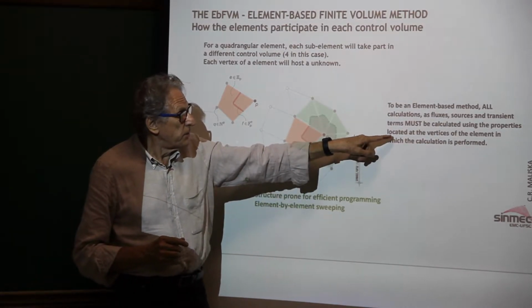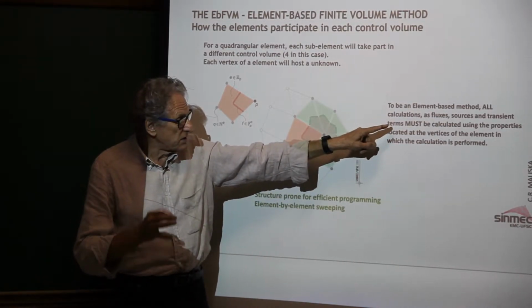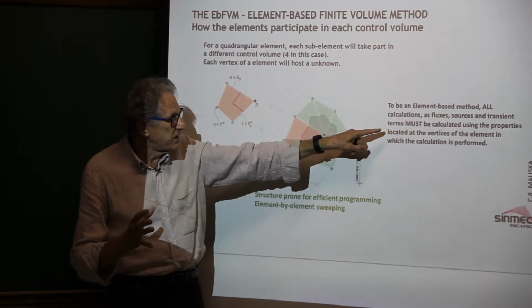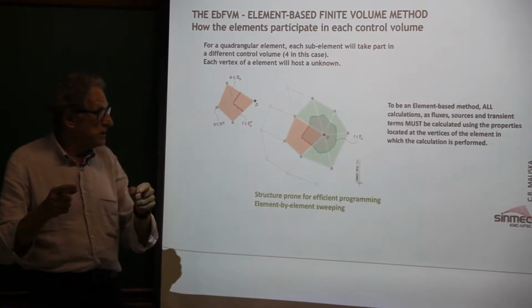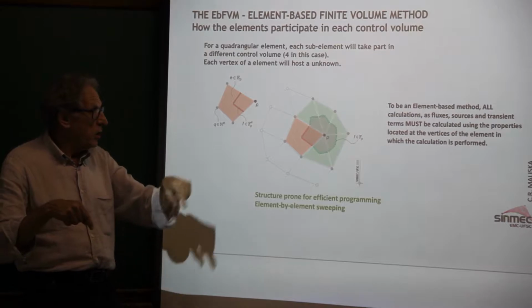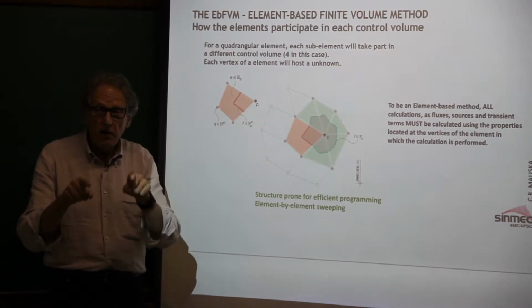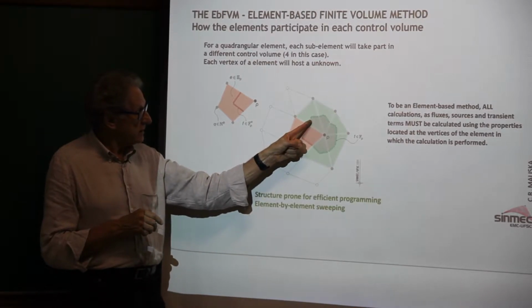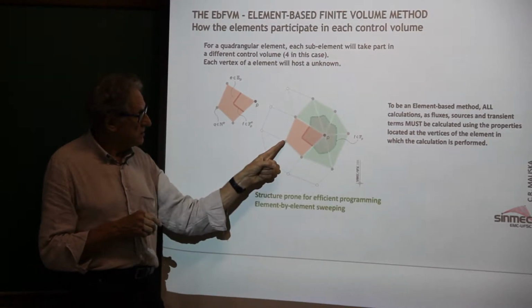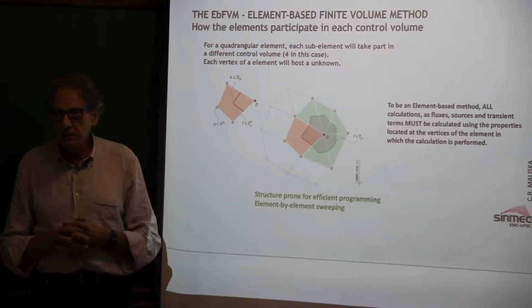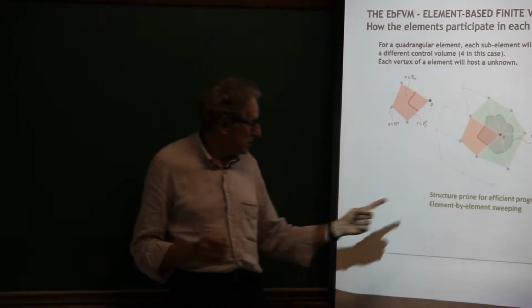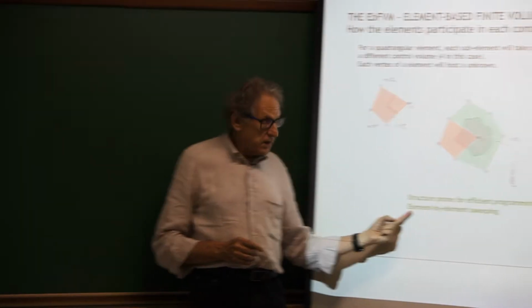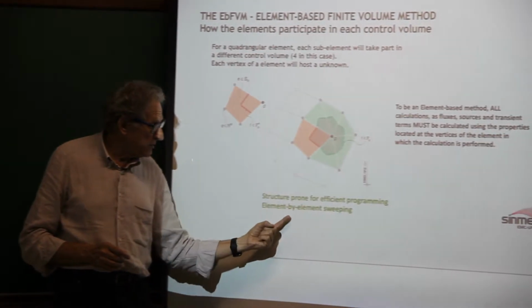So to be element-based, all calculations such as fluxes, sources, and transient terms must be calculated using the properties located at the vertices of that element. If you use, let's say for this flux, this node, this is not element-based. Because if you do it element-based, the structure is prone to efficient programming.